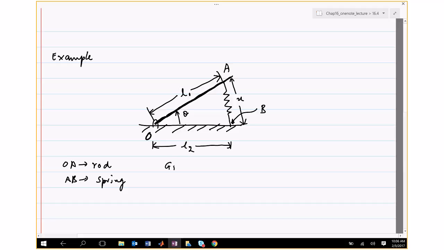So given L1, L2, theta, and let's say that you move the rod upwards with a certain angular velocity, let's call that omega, and angular acceleration alpha. So you're given omega and alpha.